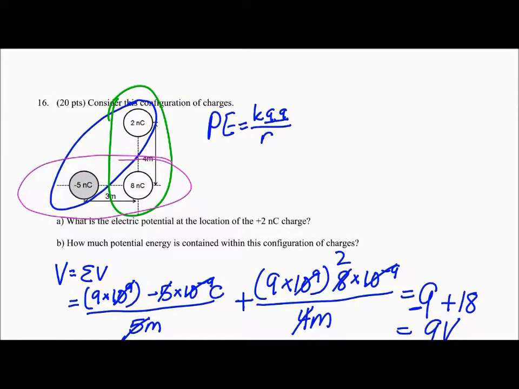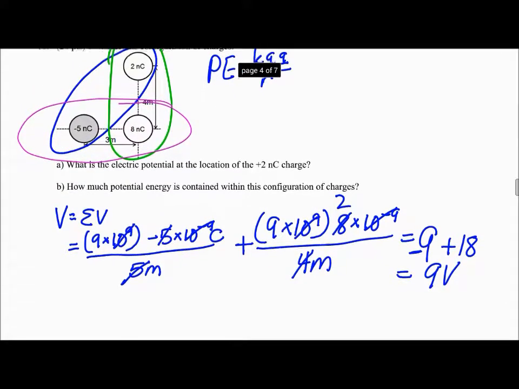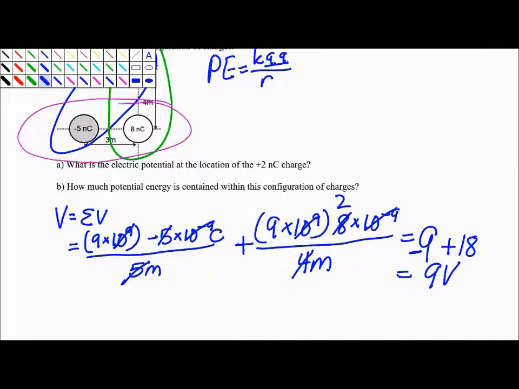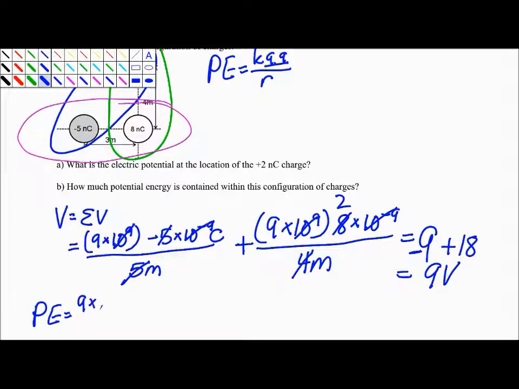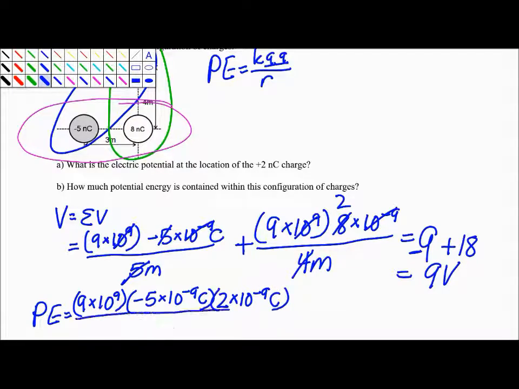So let me go down here. I'm going to have for the first one just K. That was a -5 nanocoulomb, a 2 nanocoulomb, divided by the distance between them, which was 5 meters.